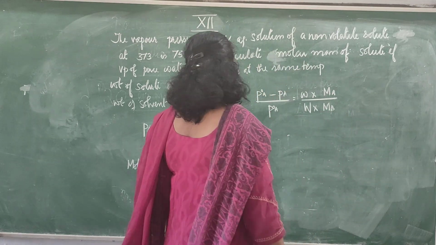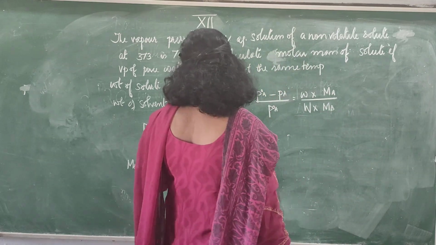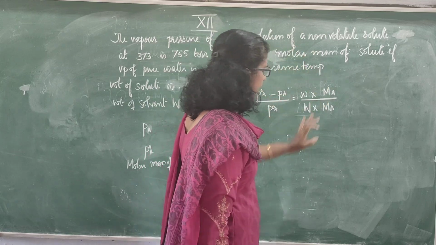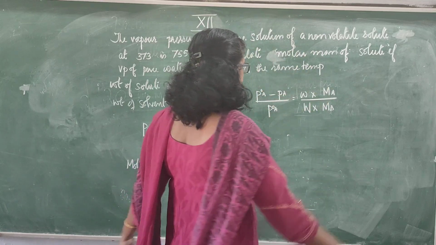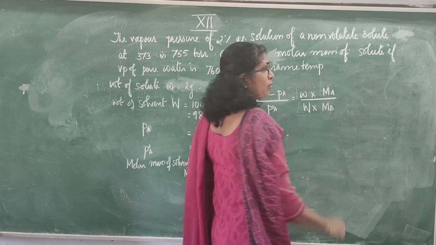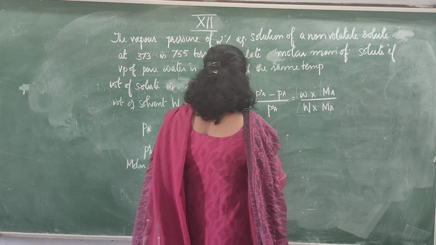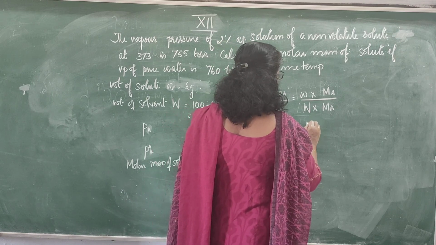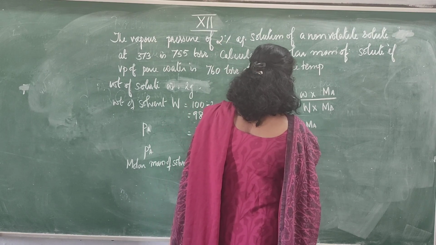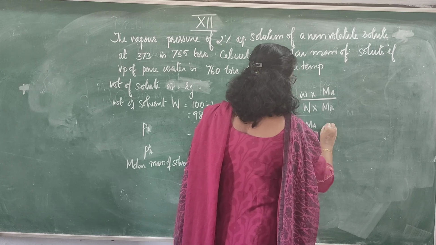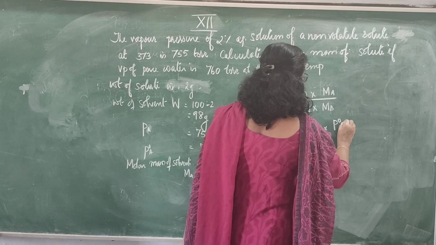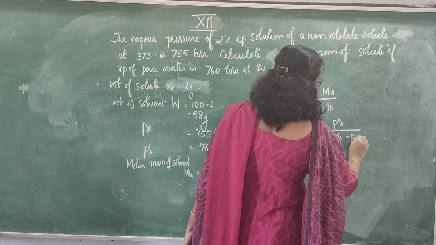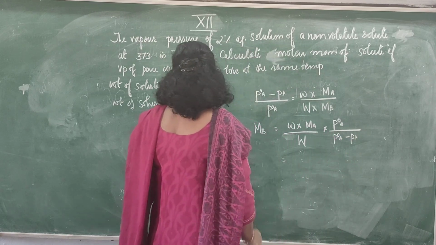What do you like to find out? We know P naught A, PA, small w, Ma, capital W and then this MB, the molar mass of the solute. So MB is equal to small w into Ma by capital W into P naught A by P naught A minus P.